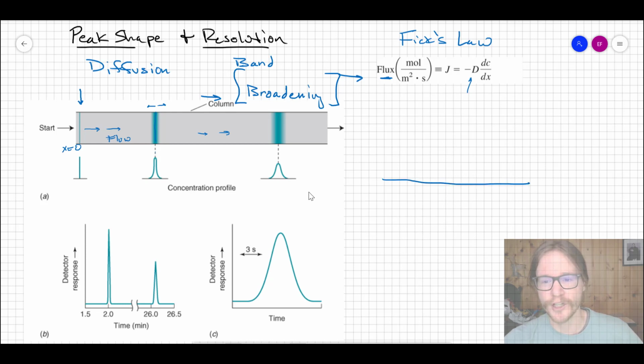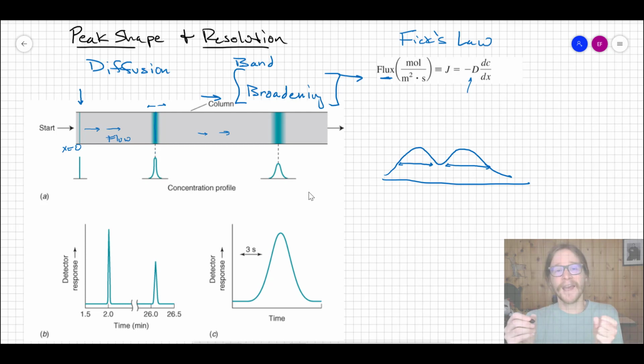Well, remember, our resolution is the capacity to separate two things. But as two things start to broaden into each other, then you have sort of an opposing force. You know that the longer your compound spends on the column, the more separation you'll get between two different compounds simply because there's more equilibrium events. There's more access that your compounds have to the stationary phase, which means that over time those things will move further apart.